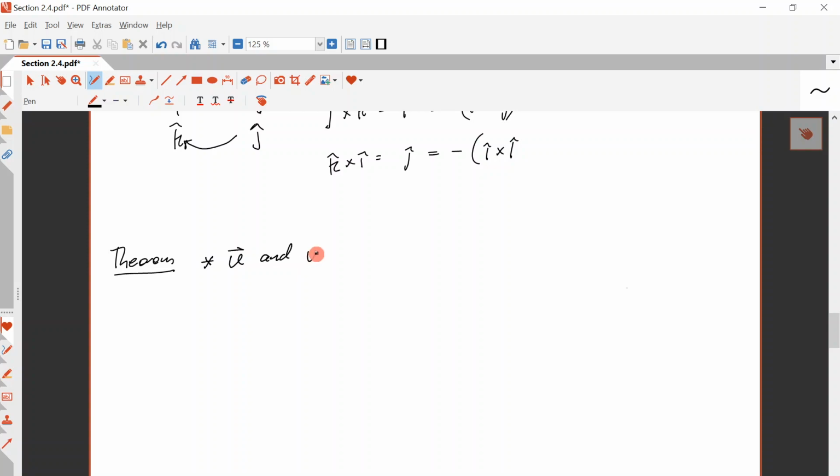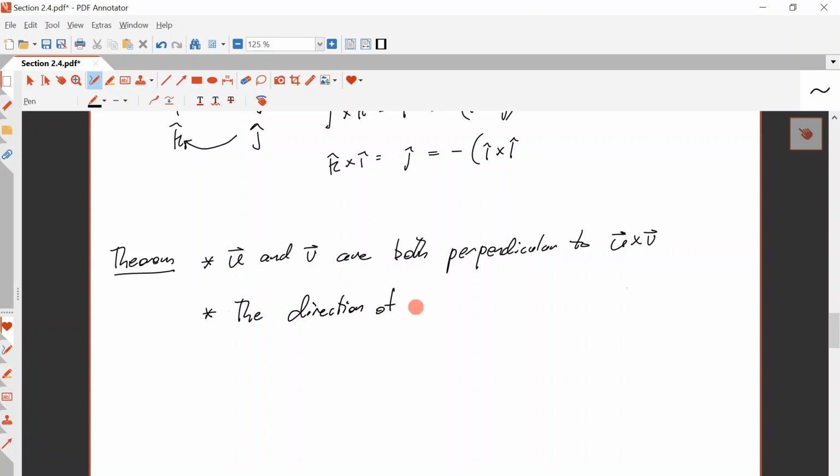U and V are both perpendicular to U cross V. The direction of U cross V is given by the right-hand rule. So it looks like this.